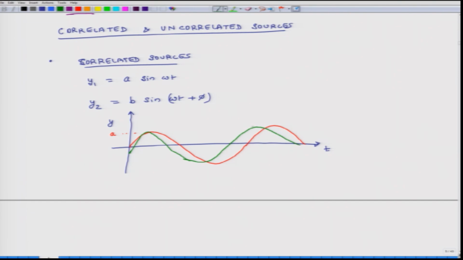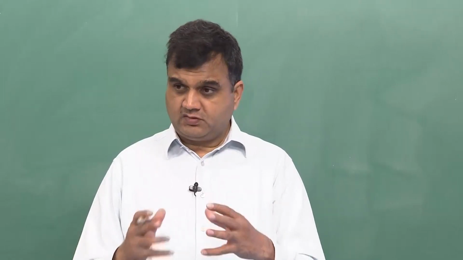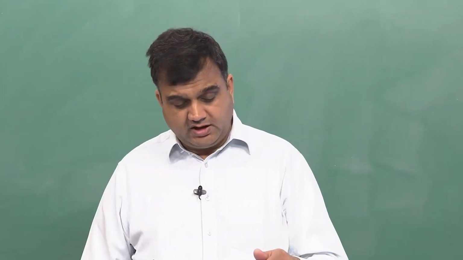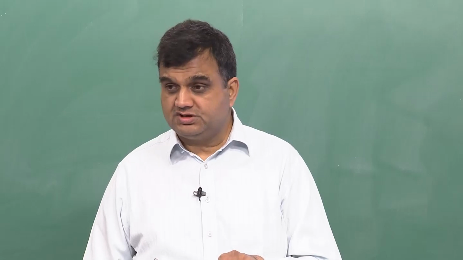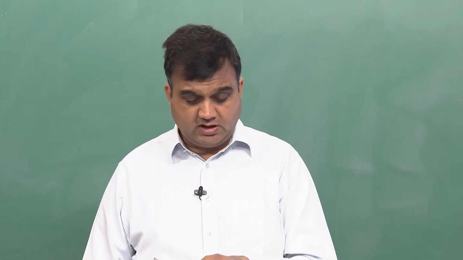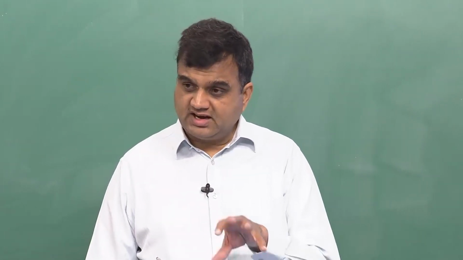And this amplitude may be slightly different, or it could be totally different, and let us call it B. So, the amplitude could be different, but the frequency will be the same, and there could be some phase shift. In this case, these two signals are correlated, because I know the mathematical relationship between the behavior of the first signal and the behavior of the second signal. I know how I can predict that if y2 is going to be something, then what will be y1, because I know the exact behavior.